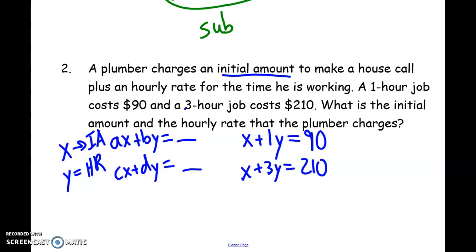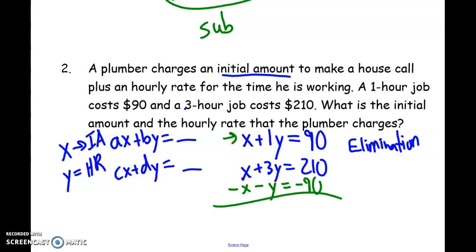I've now set up a system, and this system to me is looking like a great candidate for elimination, where I would just end up subtracting, so I'd go minus x minus y equals negative 90, and then I would combine these two equations to cancel out the x's and solve for y.